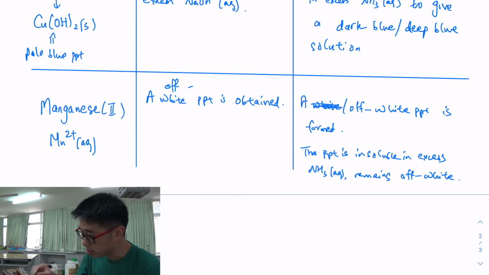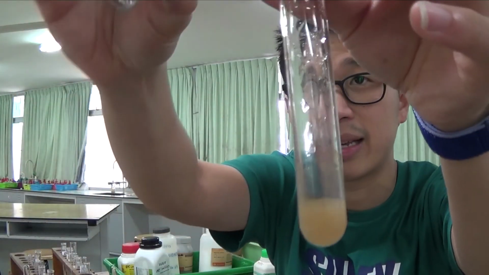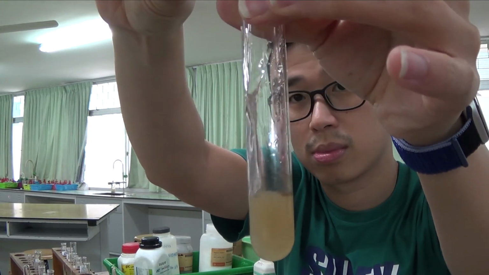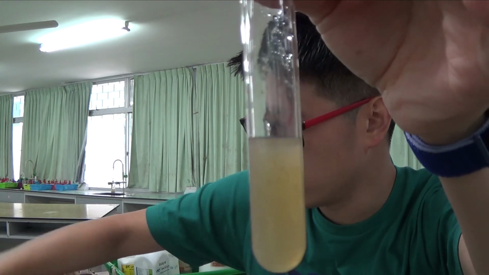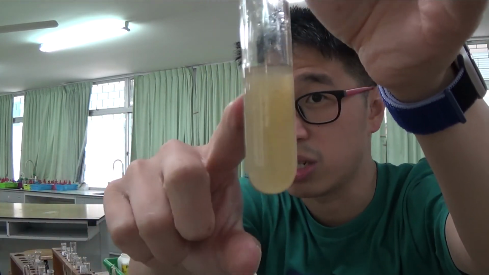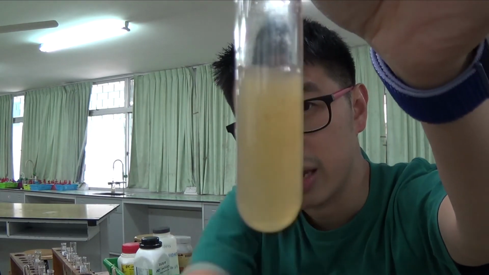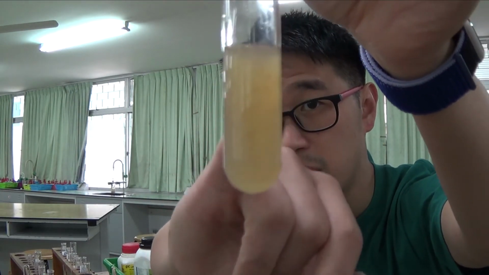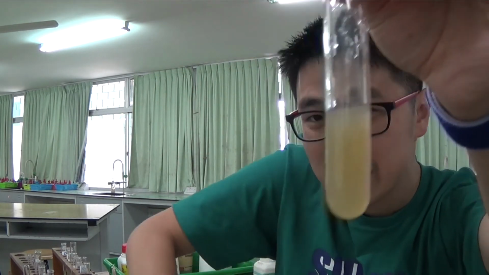Now, what I'm going to do is I will add excess sodium hydroxide. I hope it's clear to you that the solution is not clear, even though I added excess sodium hydroxide. It's still a bit murky. Actually, there's the precipitate lingering around as a suspension. Oops, sorry.